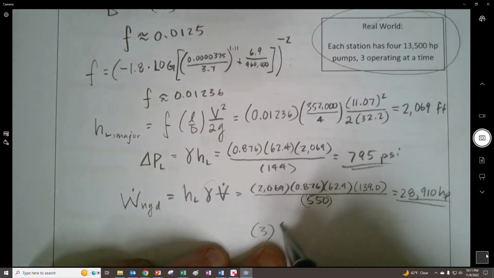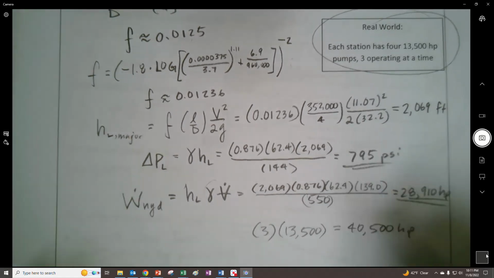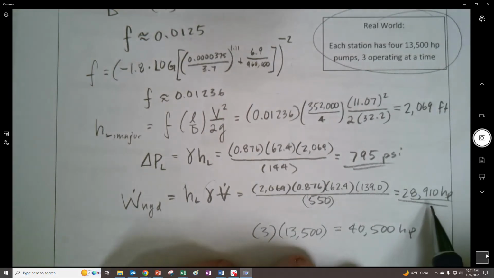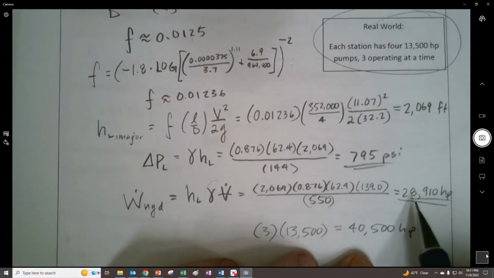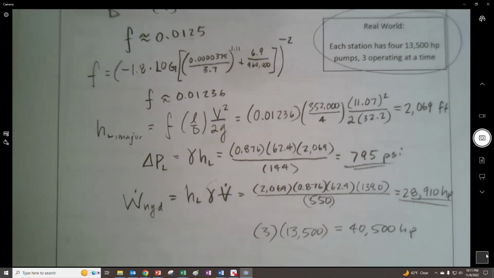But if you take 3 times your 13,500 horsepower, you get 40,500 horsepower, and perhaps that's enough. It better be enough to overcome the inefficiencies of the pumps and the inefficiency of the engine. Of course, this is what the rated power is, so that's totally fine.